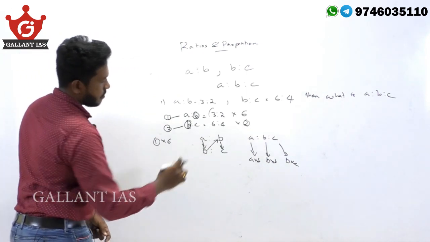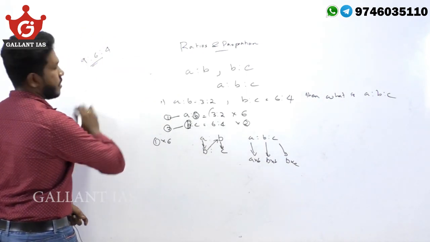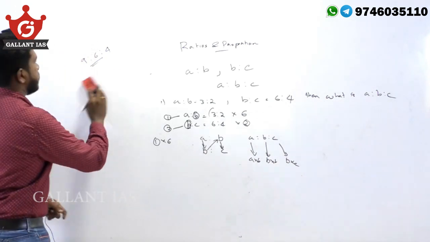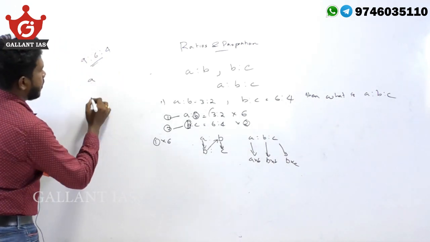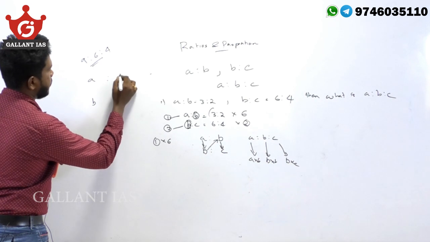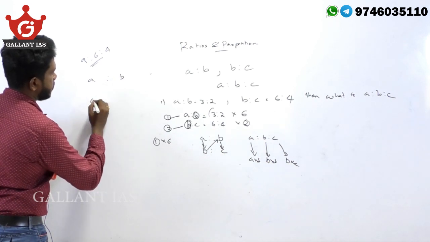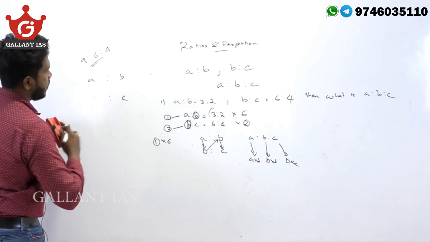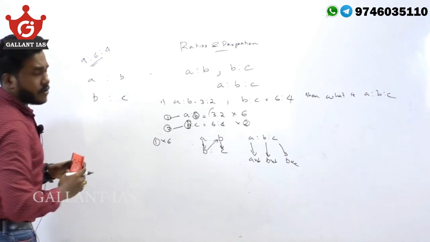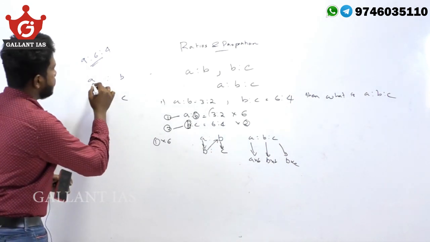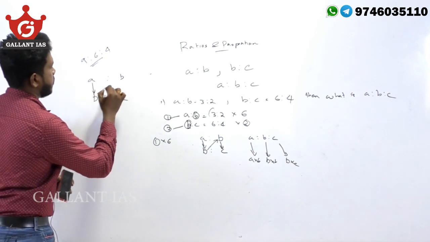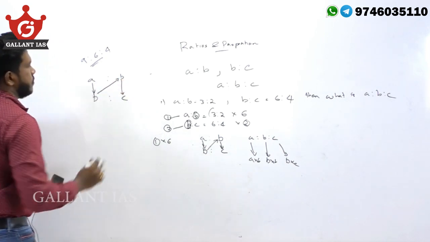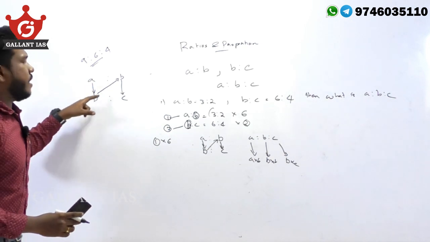I will be writing here: A is to B, sorry, B is to C. Okay, A is to B and B is to C. So here, look at these arrows. Multiply these arrows accordingly.